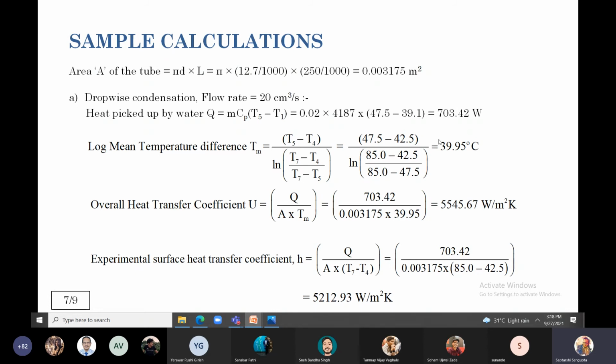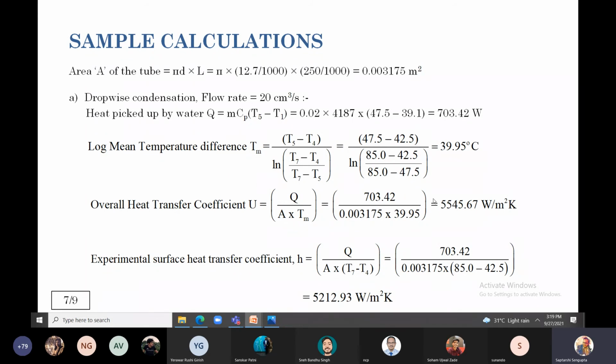Now this entire apparatus is behaving like a heat exchanger, right? Because in the outer channel we have steam flowing outside the condensing plate, and inside the channels inside the condensing plate we have cooling water flowing, and heat is exchanged between these two fluids. So we need to calculate the log mean temperature difference, and then we use that to calculate the overall heat transfer coefficient.